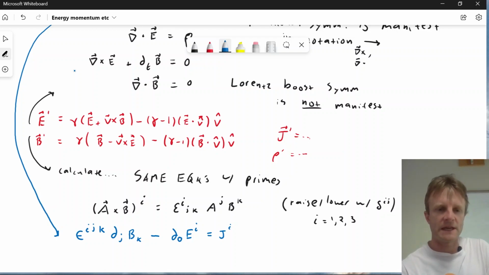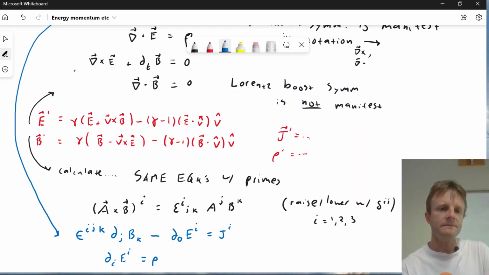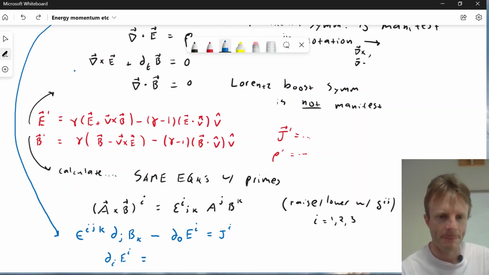So divergence of E equals rho. How do we write divergence of E in index notation? Well, that's just del_i E_i. And rho is just rho, but with a bit of knowledge of the answer, instead of rho I'm going to write it as J upper 0. What's J upper 0?